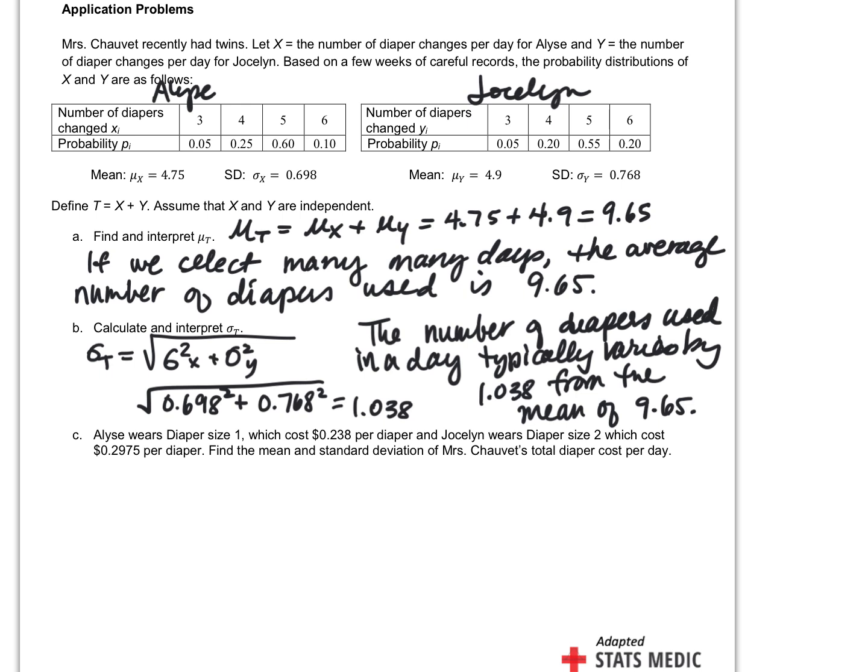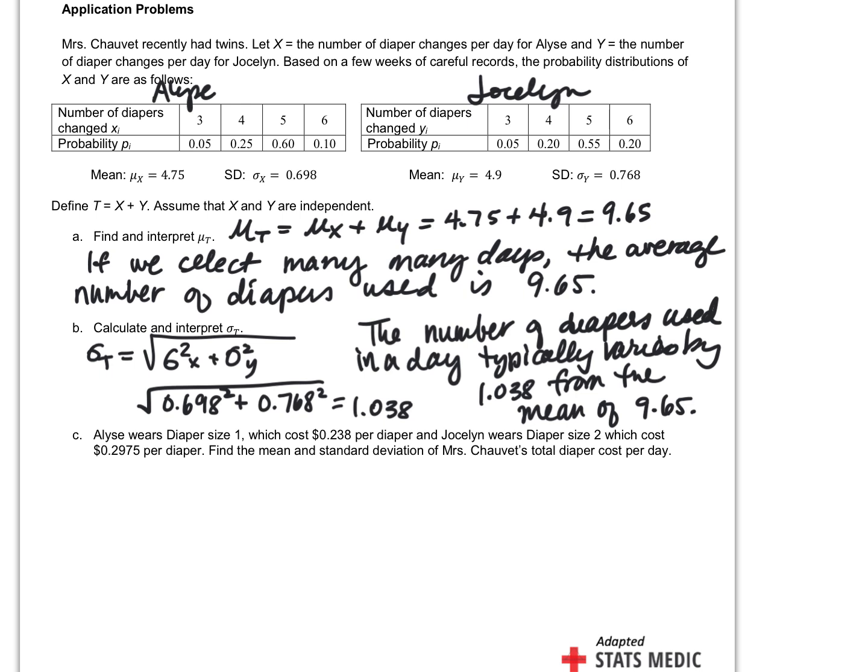All right. So if I was just looking at one of these babies and trying to figure out the average cost, what would I have to do with that price per diaper? Just multiply it by the mean, right? Would I multiply by the standard deviation also, to find the new standard deviation of the cost?